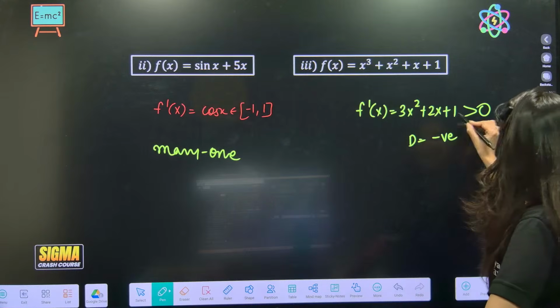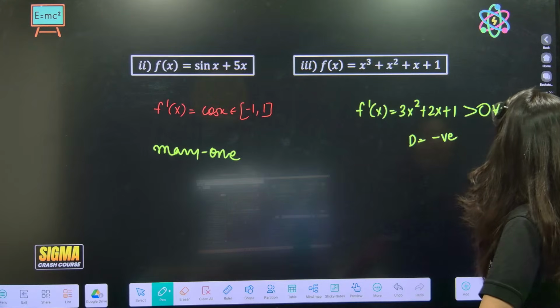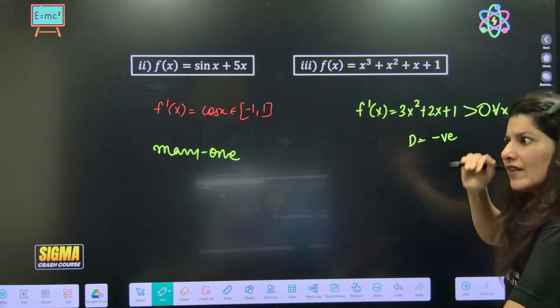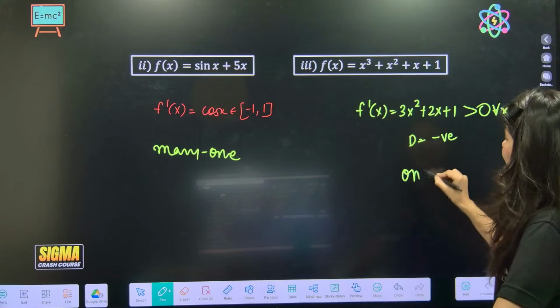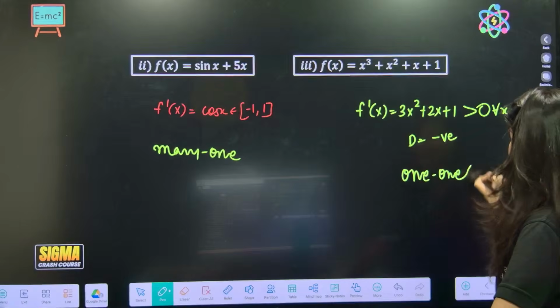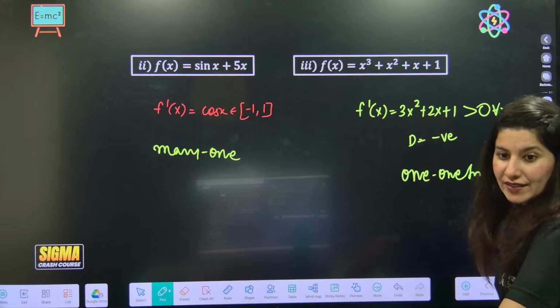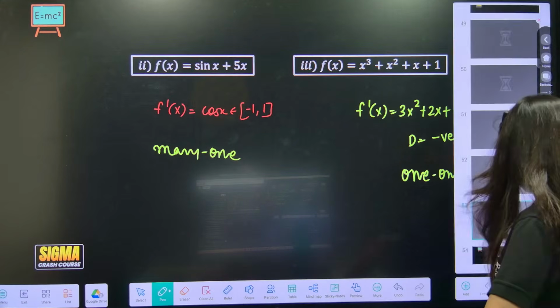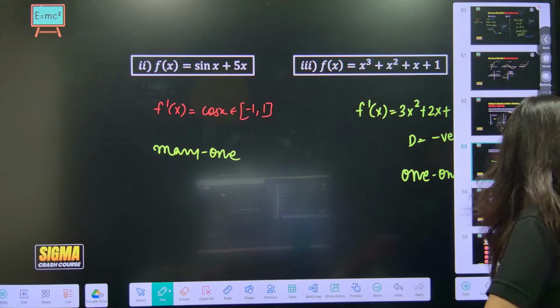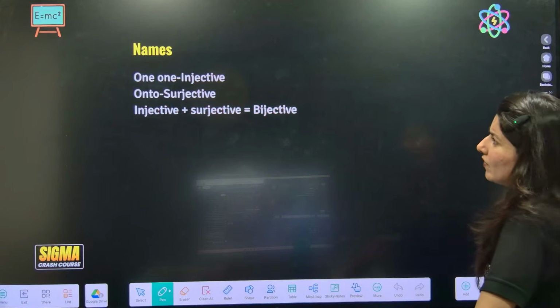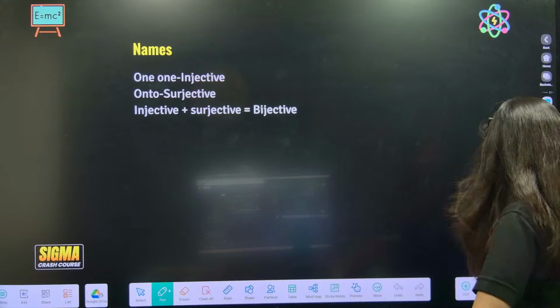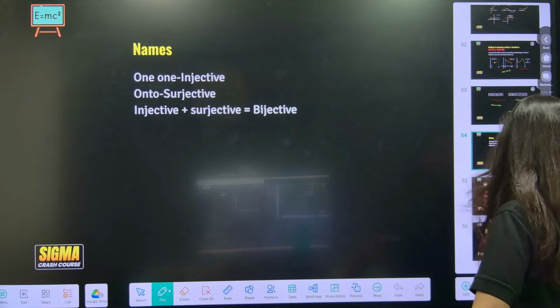So that means it is everywhere positive. f dash x everywhere positive or everywhere negative means one thing, that this is a one-one function. I have told you one-one means injective, onto means surjective.